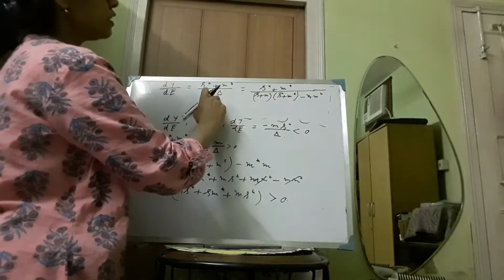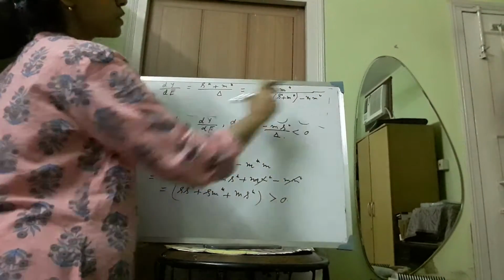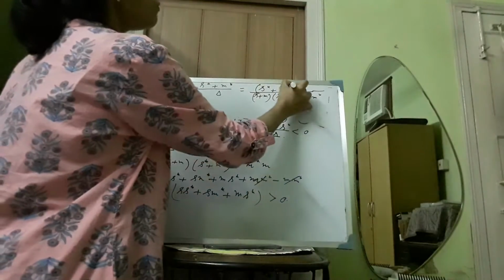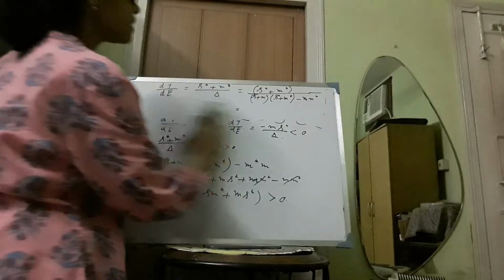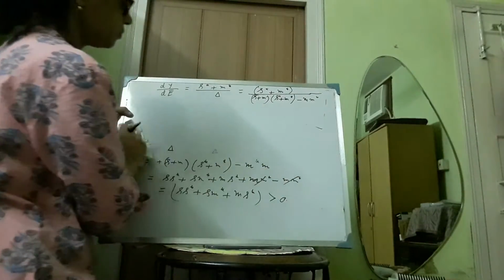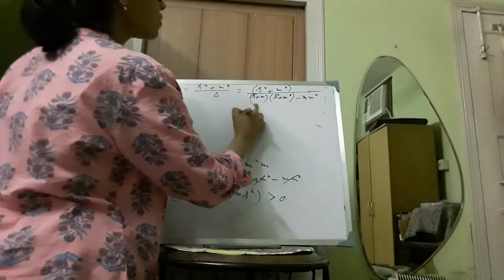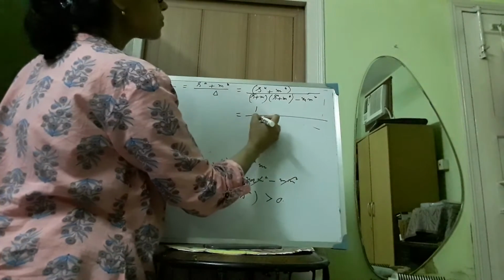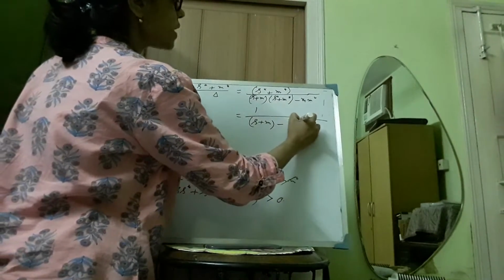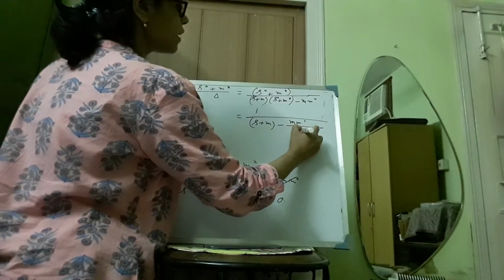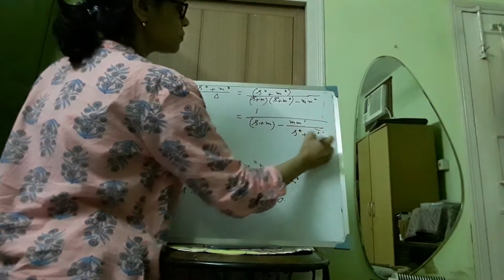So we can write this expression in place of delta. Now if we divide both the numerator and denominator by (S* + M*), then we will get 1 over S + M minus M M* over (S* + M*).